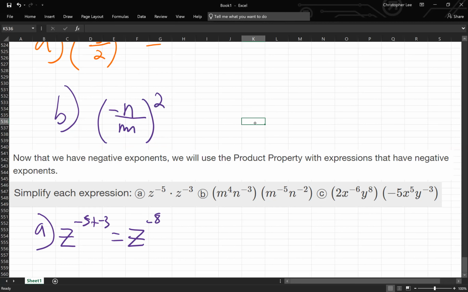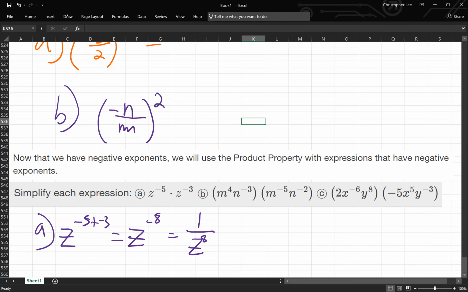But it's illegal for me to have negative exponents. So what do I do with the negative 8? Right, put it over 1, z to the 8. Questions on that? It was a little advanced. You good?